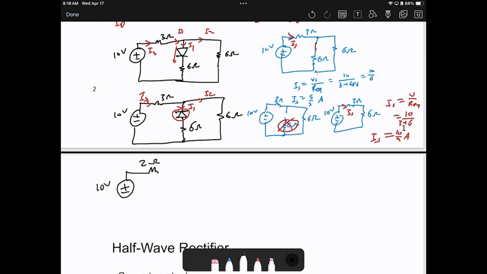Ohms, 10 volts. We need to calculate the currents, but I'm going to make two conditions.